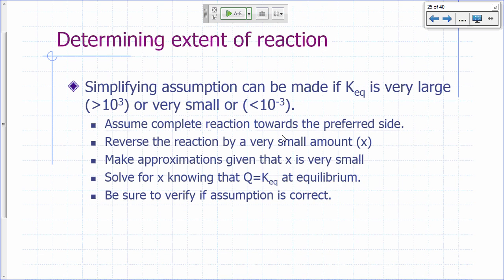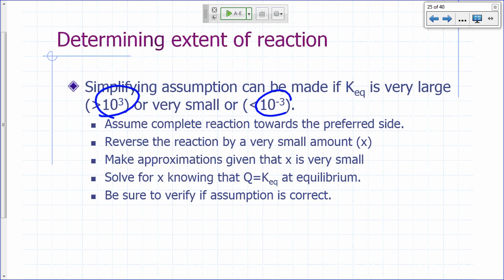Now, there's a simplifying assumption you can make if KEQ is very large, and usually anything larger than 10 to the third, you'd be able to make this assumption, or if it's very small, less than 10 to the negative 3. What does it mean when KEQ is very large? At equilibrium, what's favored? It's going to be mostly products, right? So you can assume the reaction is essentially complete.